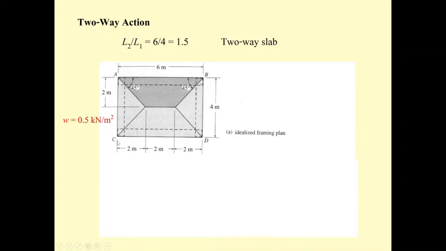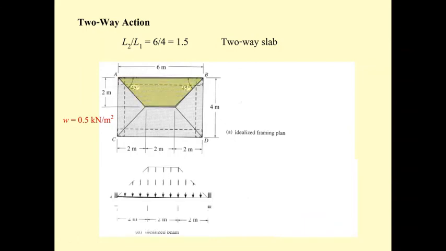If this one is 4 meters, half of that is 2 meters. So the distance here is 2 meters. And also half of 4 meters is 2 meters, and the 45 degree line is also 2 meters. So this is going to be 2 meters, 2 meters, and 2 meters. The shape is going to be like this.